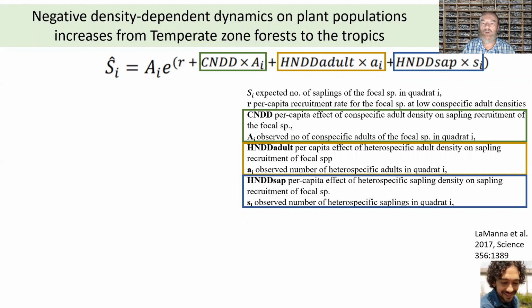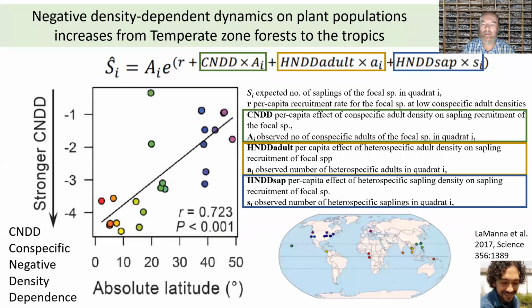I will only briefly mention one study, and that is the analysis of spatial distribution of plants, which is decomposing the distribution of saplings into the effect of conspecific negative density dependency of adults and heterospecific negative density dependency of adults and saplings, and using all these 50-hectare plots across the globe, and comes to the conclusion that the strength of conspecific negative density dependency is increasing towards the tropics.